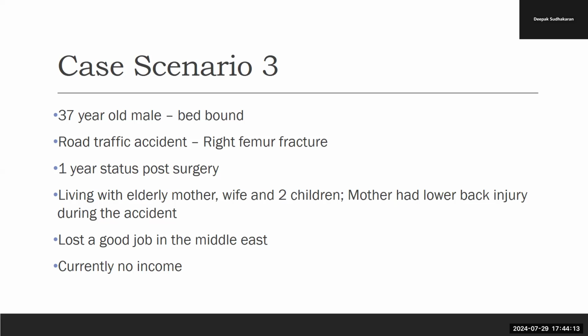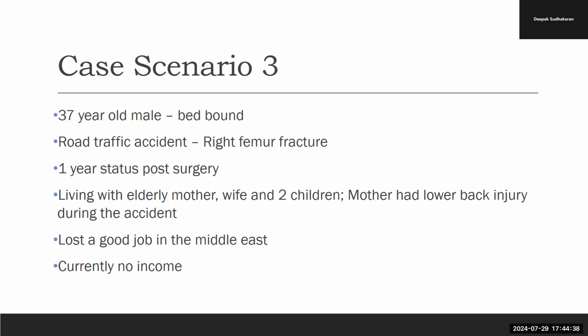He is living with his elderly mother, his wife and 2 children. The mother was also sitting behind him on his bike. She had a lower back injury during the accident. Luckily, she was not paralyzed, but she still has some lower back pain. But he, unfortunately, had a severe issue.